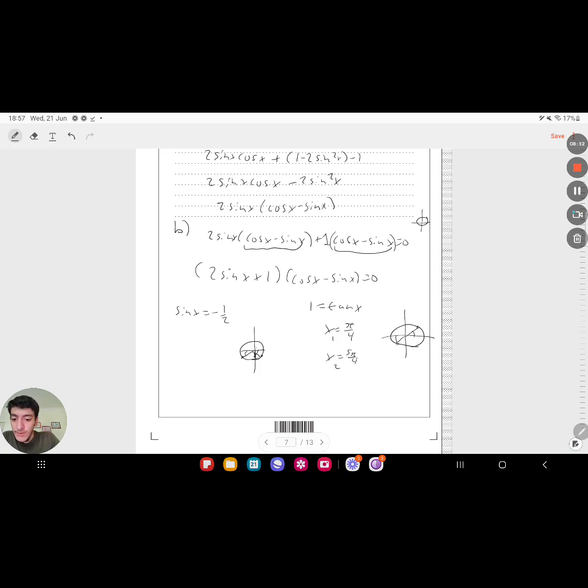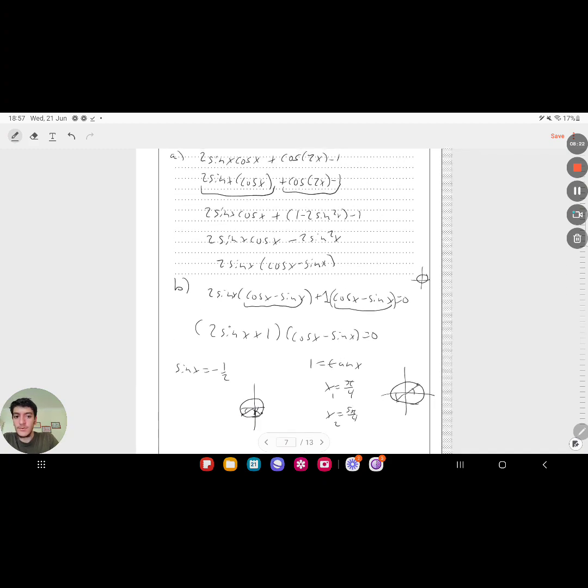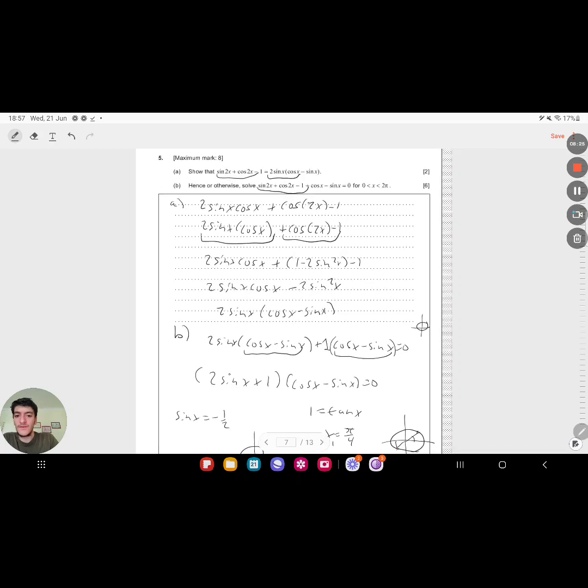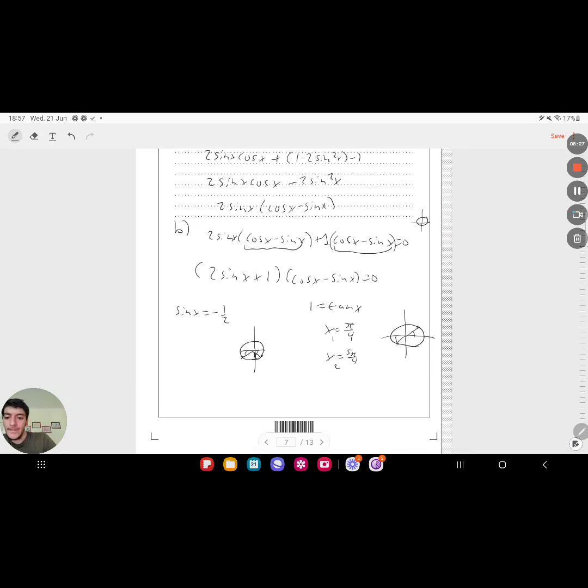Yeah, I'm pretty sure it's going to be 150 degrees. So sine 30 is a half, and I'm guessing sine minus 30 is minus a half. But we're looking at 0 to 2 pi, so there's nothing negative. So x is equal to 30, and 30 is pi over 6. Plus pi is 7 pi over 6.